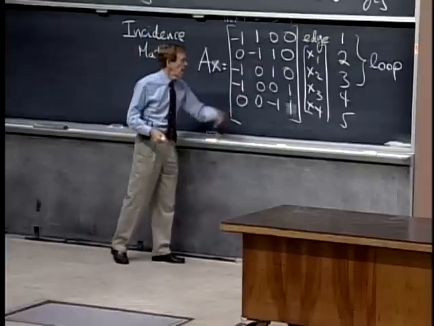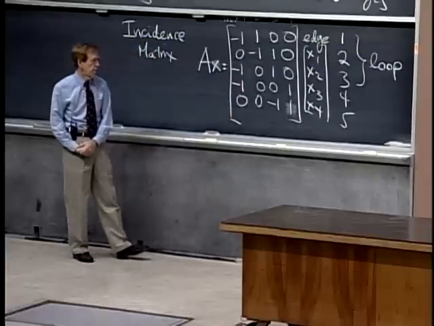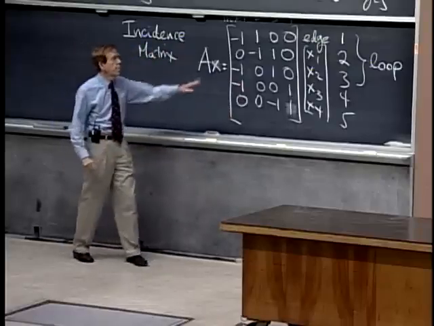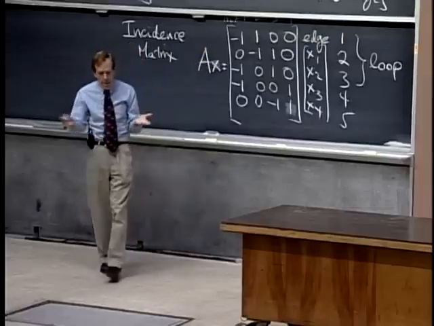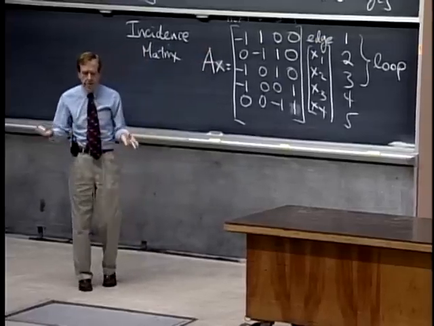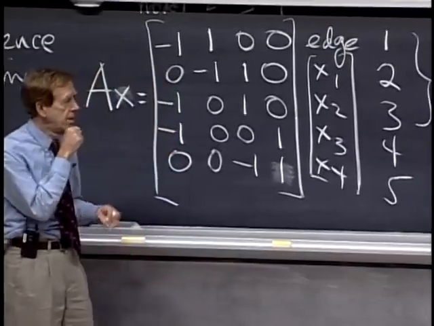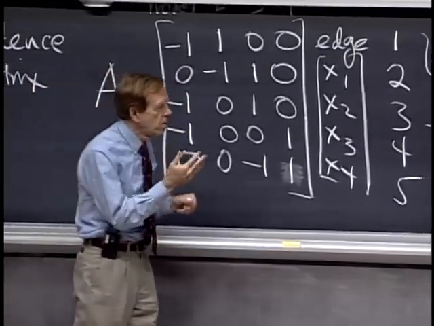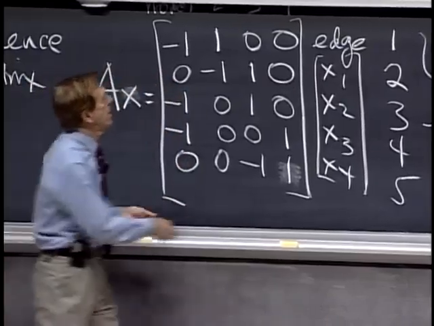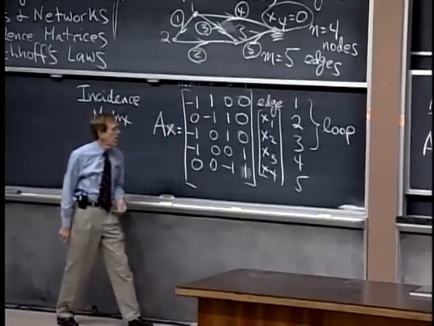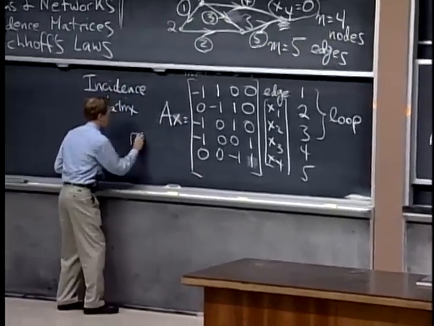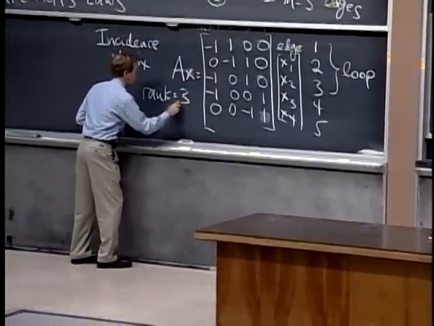And the first 3 columns, or actually any 3 columns, will be independent. Any 3 potentials are independent good variables. The 4th potential is not, we need to set, and typically we ground that node. Okay, rank is 3. Rank equals 3.